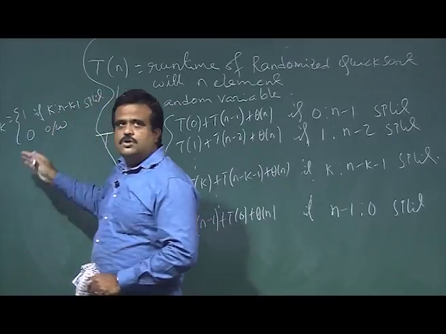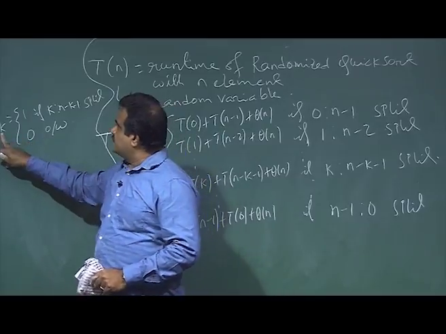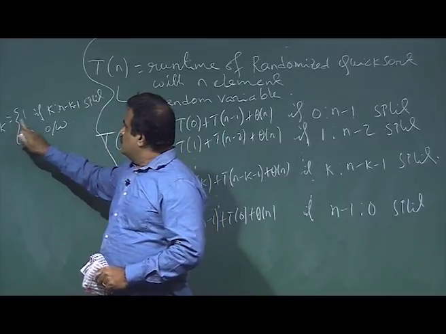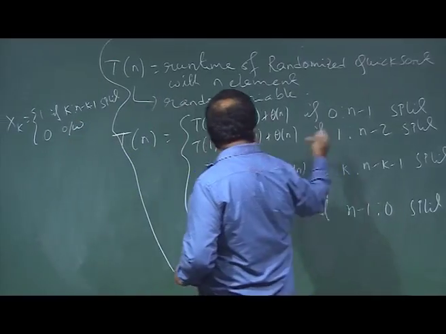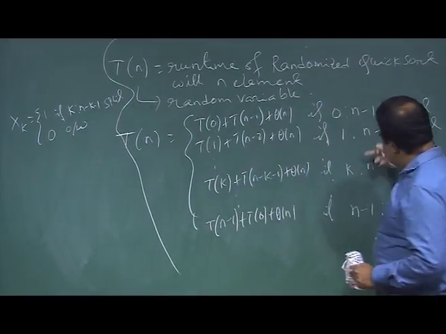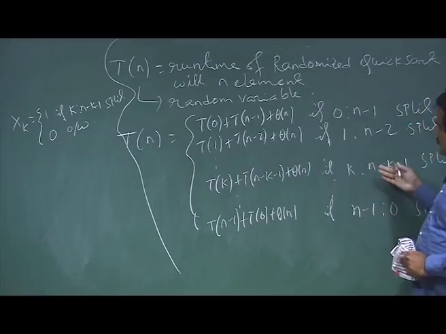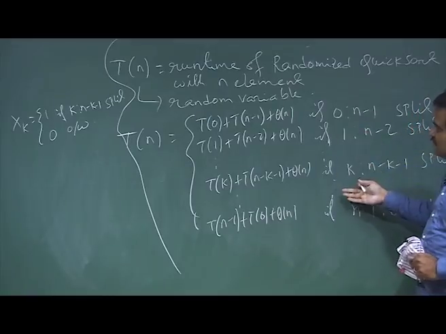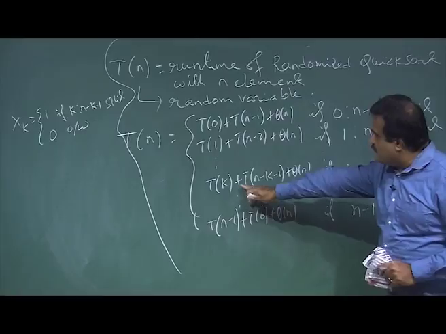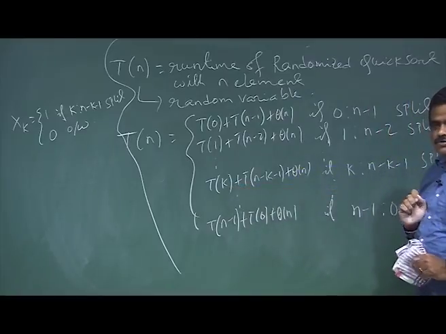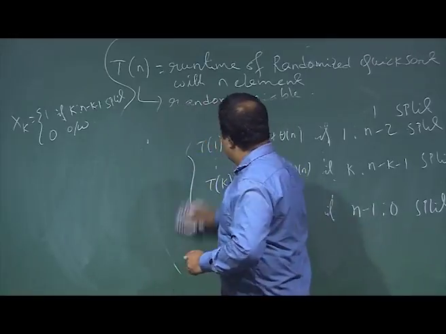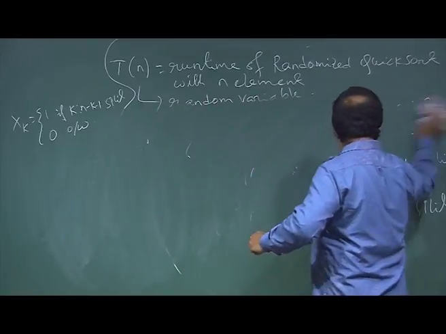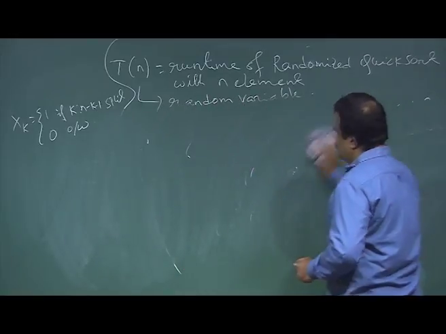So, xk is the indicator random variable which is 1 if the split is this. Okay. One of the splits will occur, so one of the xk is 1 and the remaining xk are 0, and the corresponding expression will come. That means we can write this functional form in algebraic form in terms of this xk.